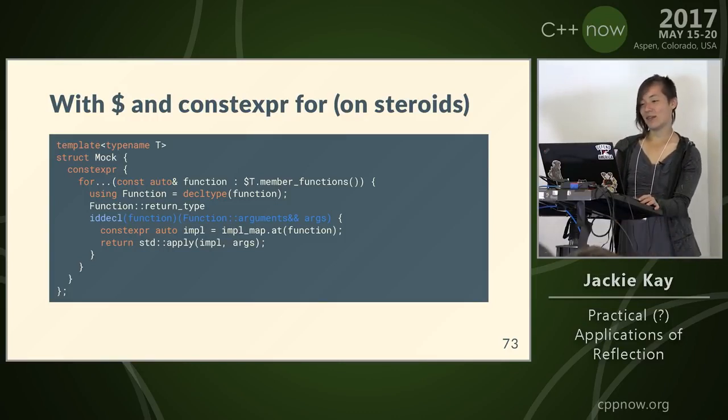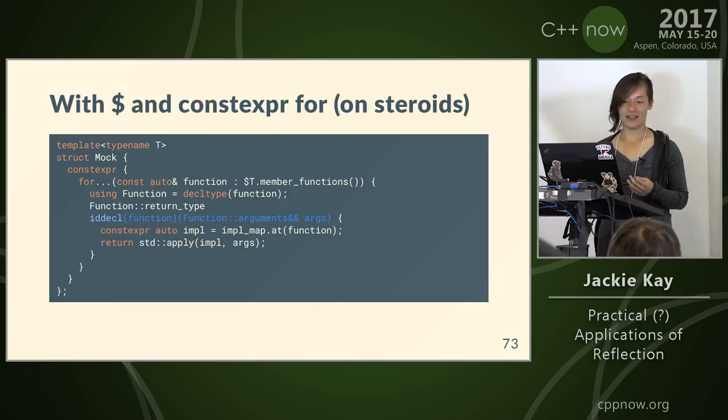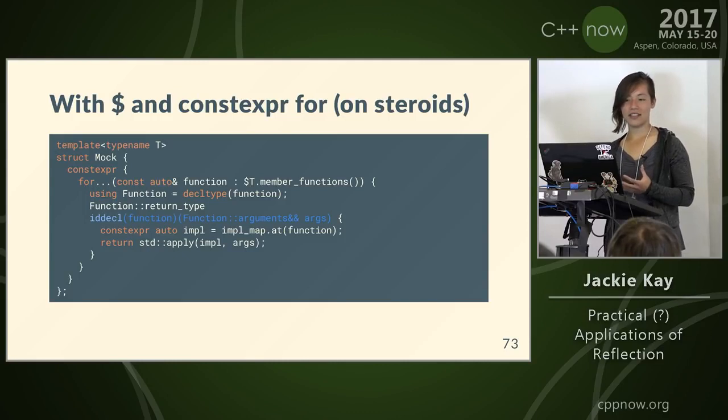Yeah. So yeah, a huge boon, I think something that would also enable us to stop abusing fold expressions is a heterogeneous context-aware for loop. And the way that could be used with ID decal is this mocking example where we want to iterate over all the functions.